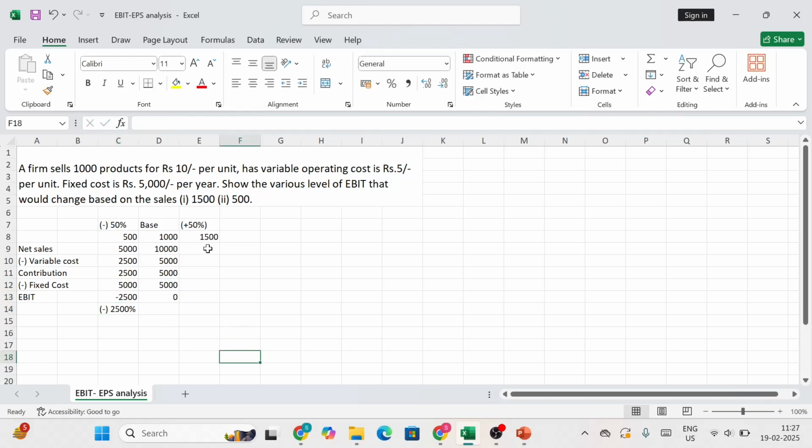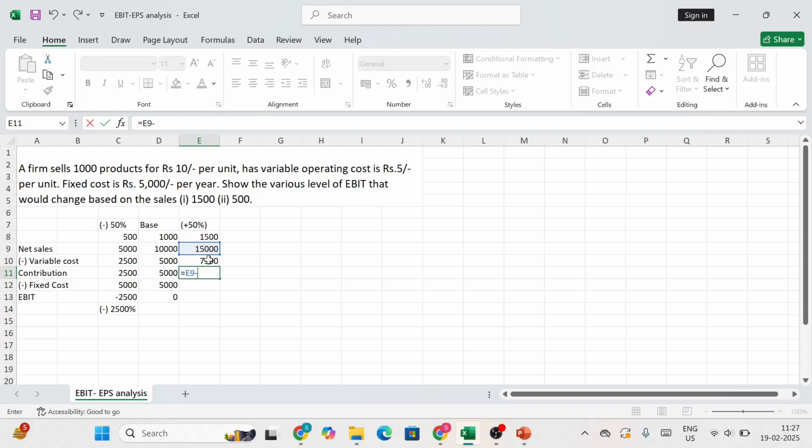Let us see with 1500 now. First, net sales: 1500 into 10 is 15,000. Then your variable cost is 1500 into 5, that is 7500. Contribution is the balance, 15,000 minus 7,500. Fixed cost is 5,000. So 7,500 minus 5,000 is 2,500.